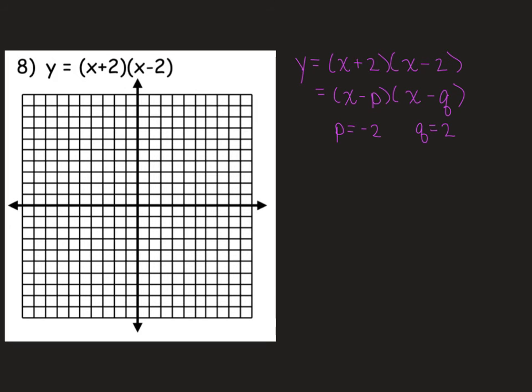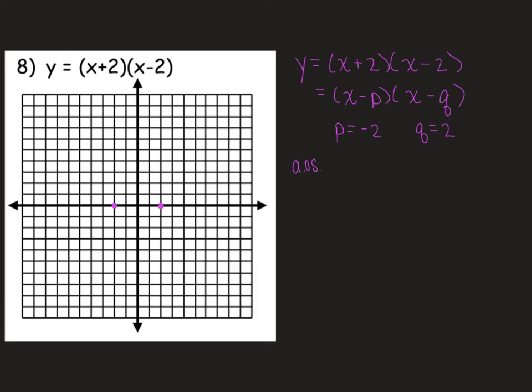So I know I could get started, and I have 2 intercepts. One is at 2, and the other is at -2. The best thing to remember when it's in intercept form is that your axis of symmetry is when you add these 2 numbers together and divide by 2, it's in the middle of your 2 intercepts.